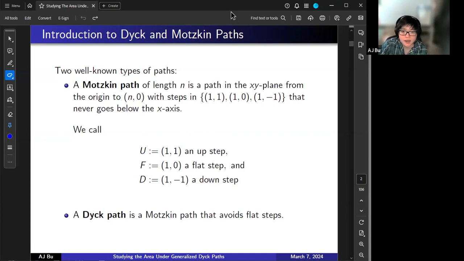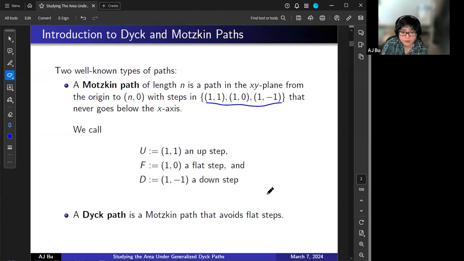For the Motzkin paths, we have n steps from this set, and we always have the same number of up steps as down steps so that we start and end at height 0. At any point, we have at least as many up steps preceding it as down steps, to avoid negative height.